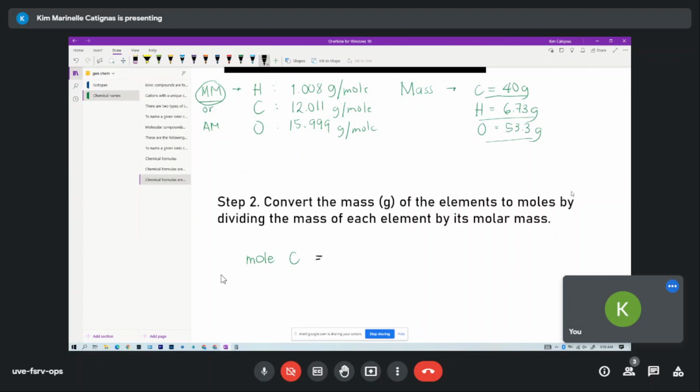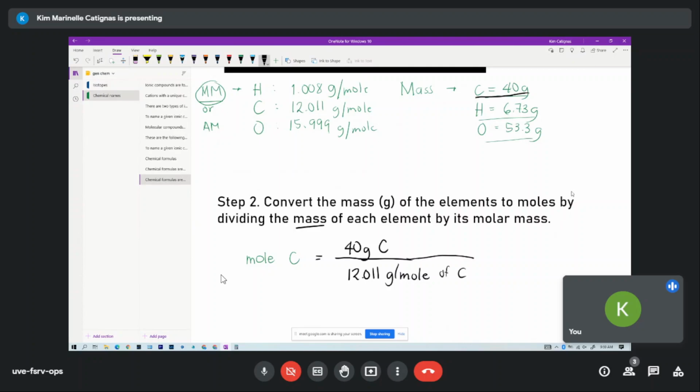So, ang gagawin natin is divide the mass of each element, which is, ang mass ng carbon ay 40 grams, and dapat ilagay natin dito yung carbon. Okay, 40 grams of carbon. And then, sa ilalim, ilalagay natin yung kanyang molar mass, which is 12.011 grams per mole of carbon.